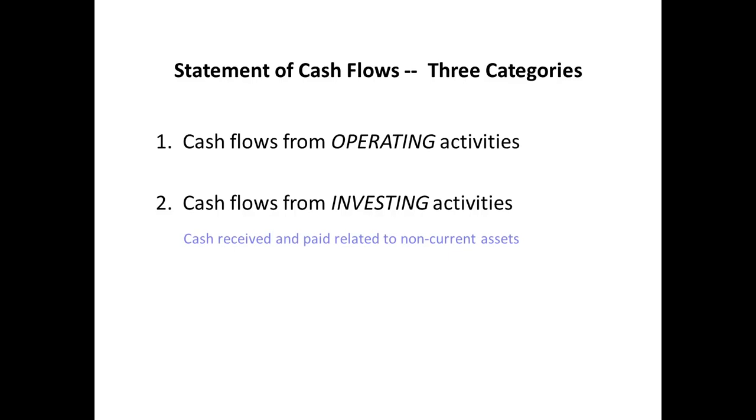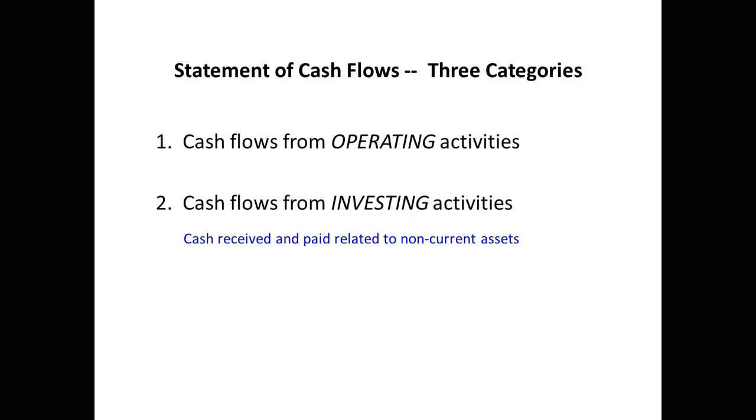The second category is cash flows from investing activities. This is where we'll list cash receipts and payments related to non-current assets. What is the time period that we use to distinguish current from non-current? Generally 12 months or 1 year.